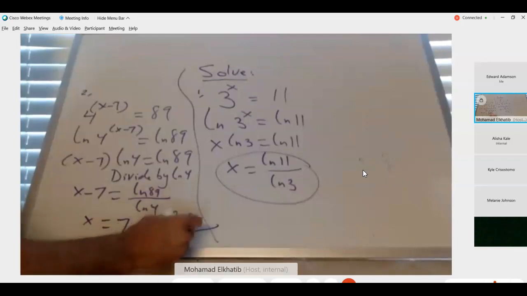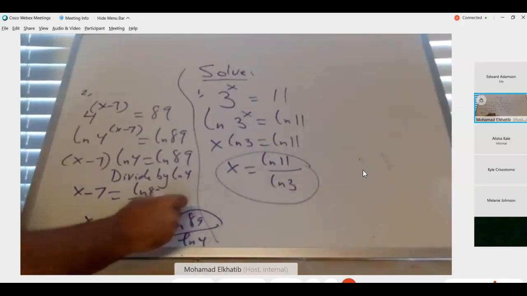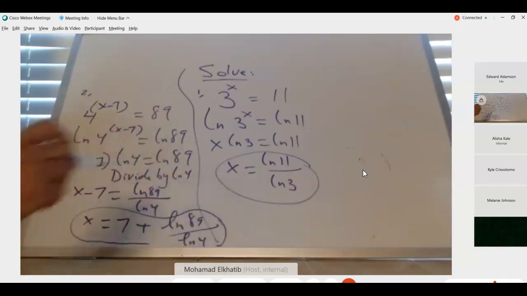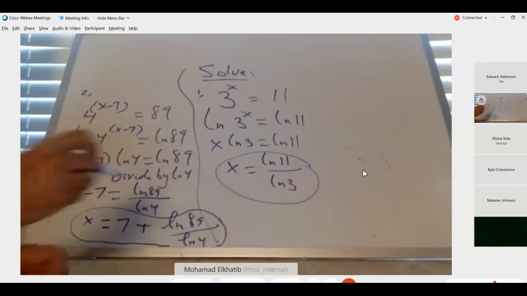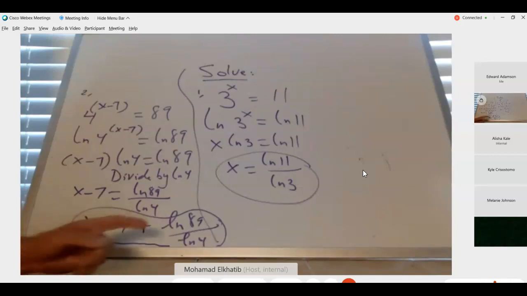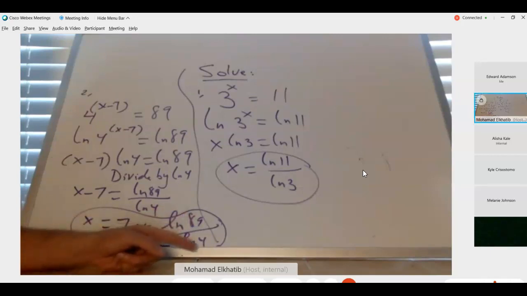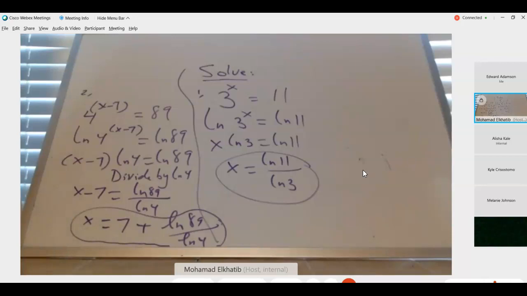That's much better than distributing. To get x by itself, I need to move the minus 7 to the other side. It becomes plus 7. And now I'm done. So if I want to get the answer to this as a decimal, I'll find ln 89, divide by ln 4, and then add 7 to it.